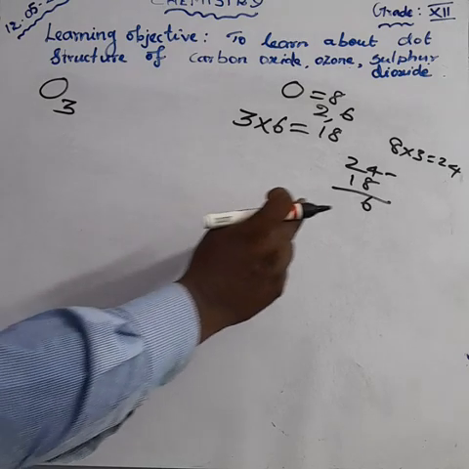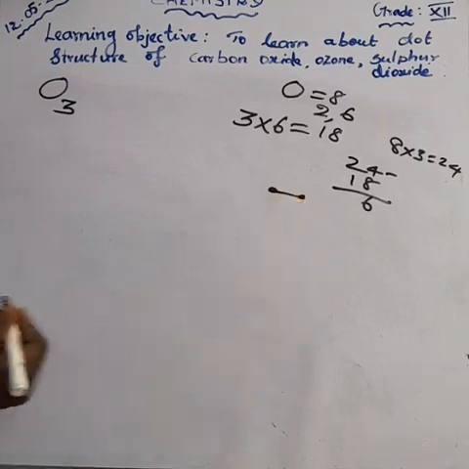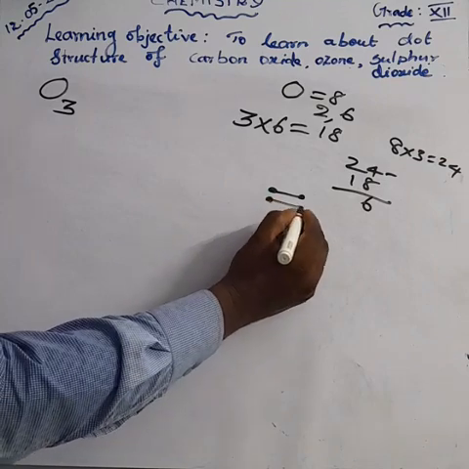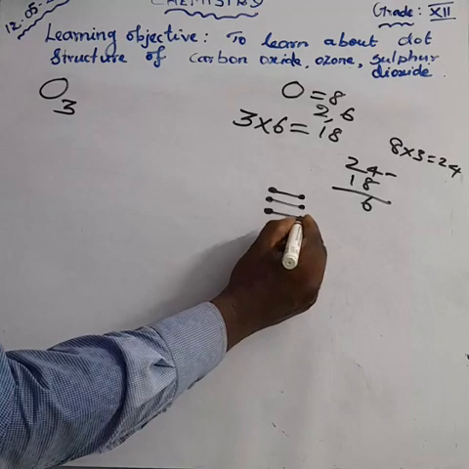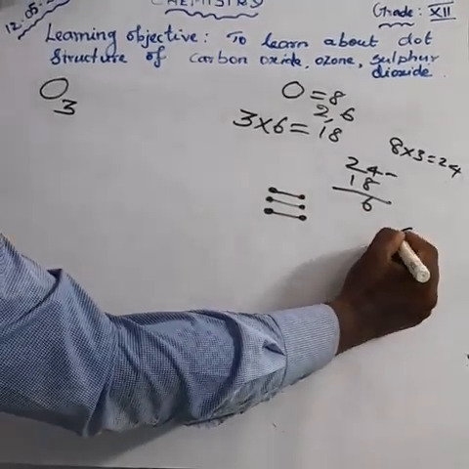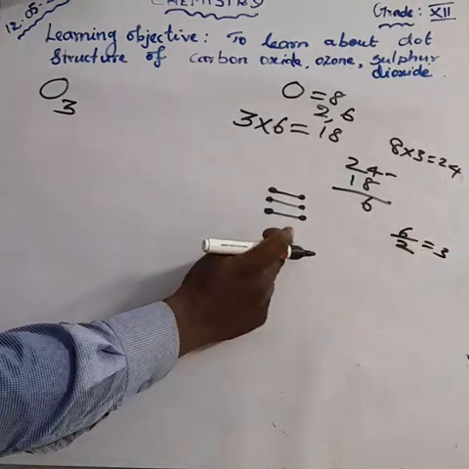That means 1 bond requires 2 electrons. A double bond needs 4 electrons. A triple bond needs 6 electrons. So 6 divided by 2 equals 3. It shows that it contains 3 bonds.